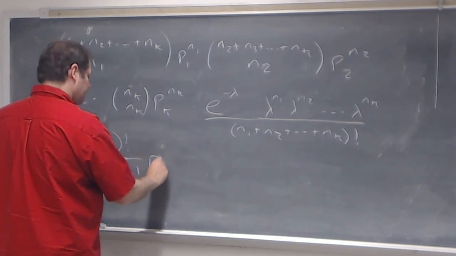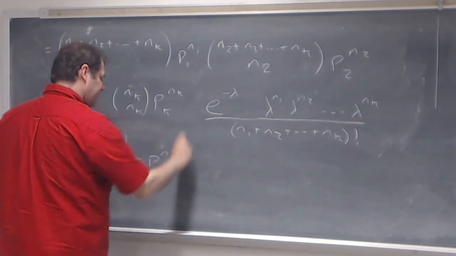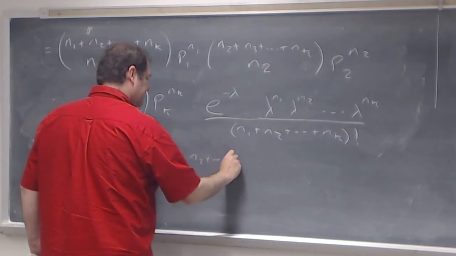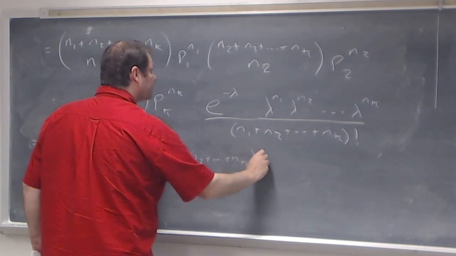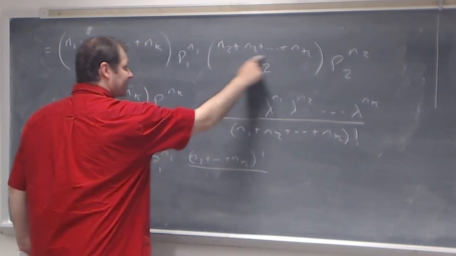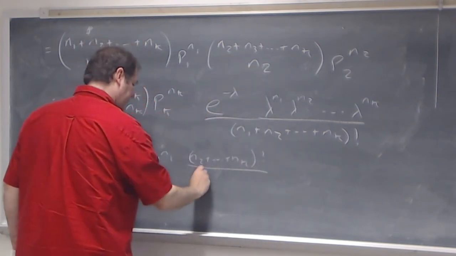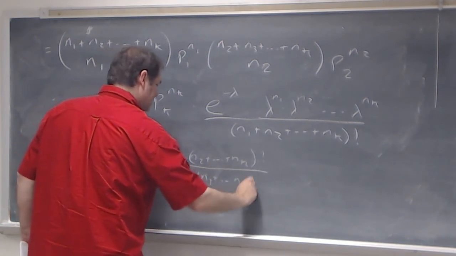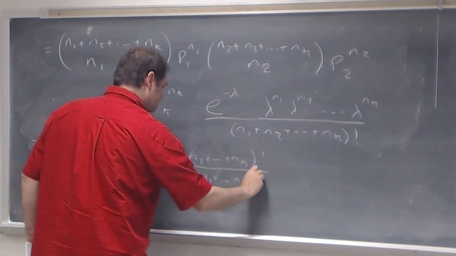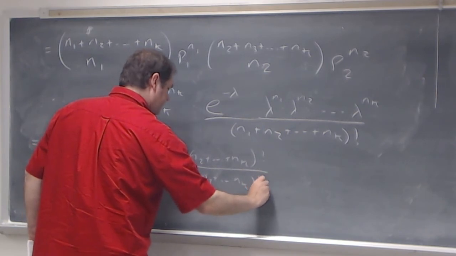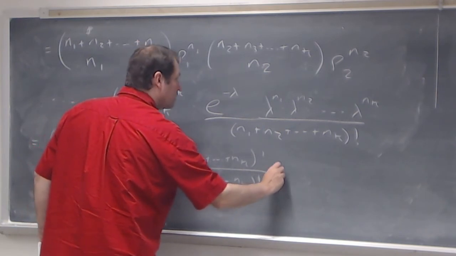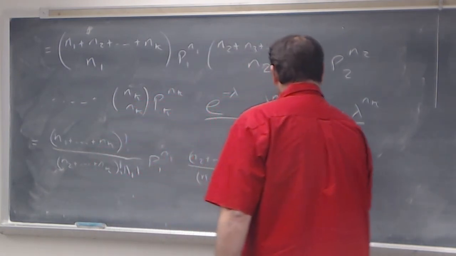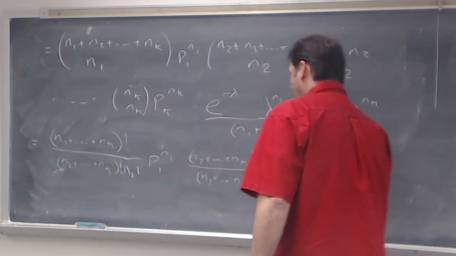And then it's p sub 1 to the n sub 1. And then this one is going to be n sub 2 plus all the way up to n sub k factorial, over, when I subtract n sub 2 from it, n sub 3 plus all the way up to n sub k factorial, times n sub 2 factorial, times p sub 2 to the n sub 2, times, and we'll keep going.